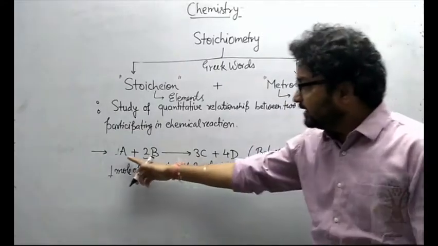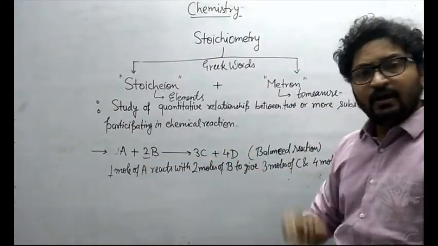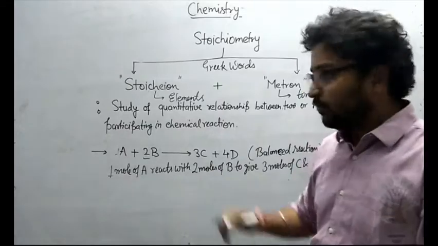You're getting this? 1A reacts with 2B to give us 3C and 4D. Now what are these numbers 1, 2, 3, 4?